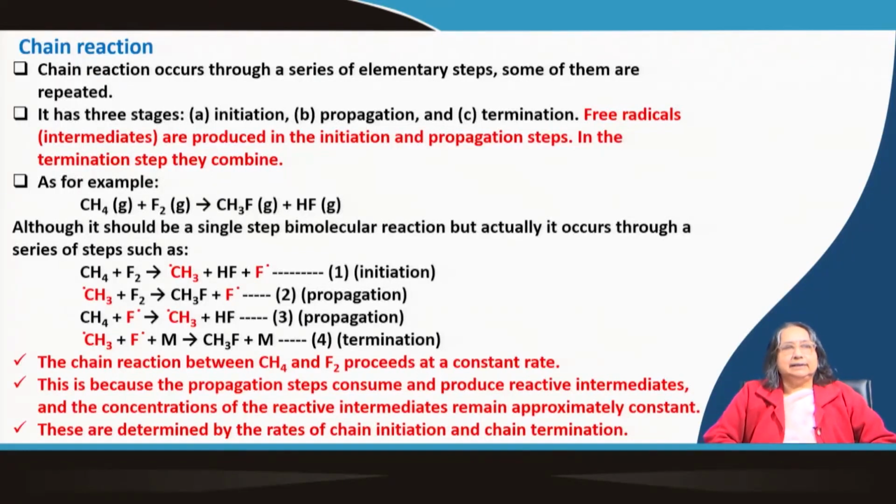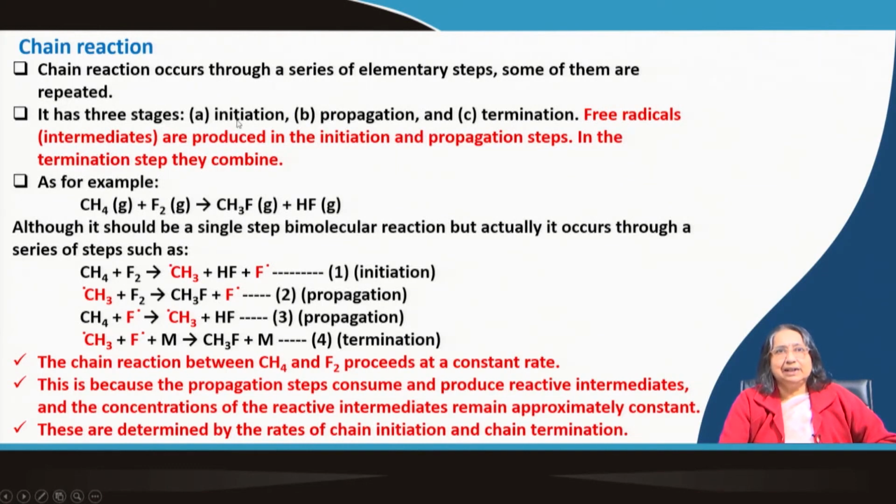Now, chain reaction. In many environmental segments we see that chain reactions are going on. Okay. So, what is a chain reaction? The speciality of a chain reaction is that it occurs through various steps. Okay.